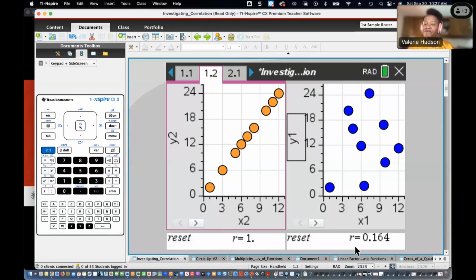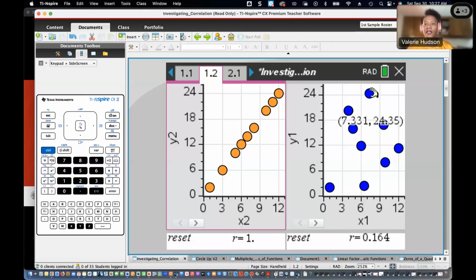Students are asked to make some predictions based on the data on both sides. Obviously here it would be easier for them to make a prediction. Obviously here, not so easy. And then what do you think the correlation coefficient has to do with the ease of being able to make a prediction based on our data?